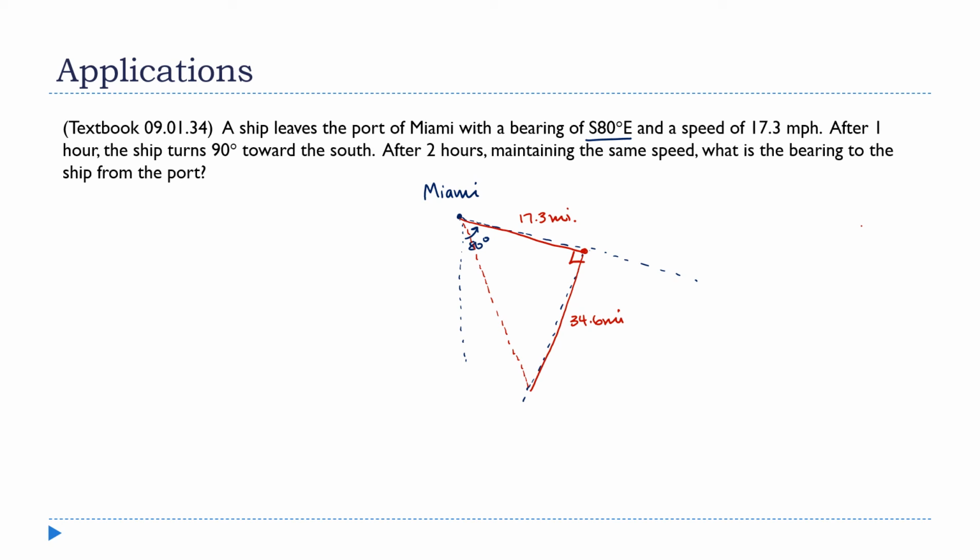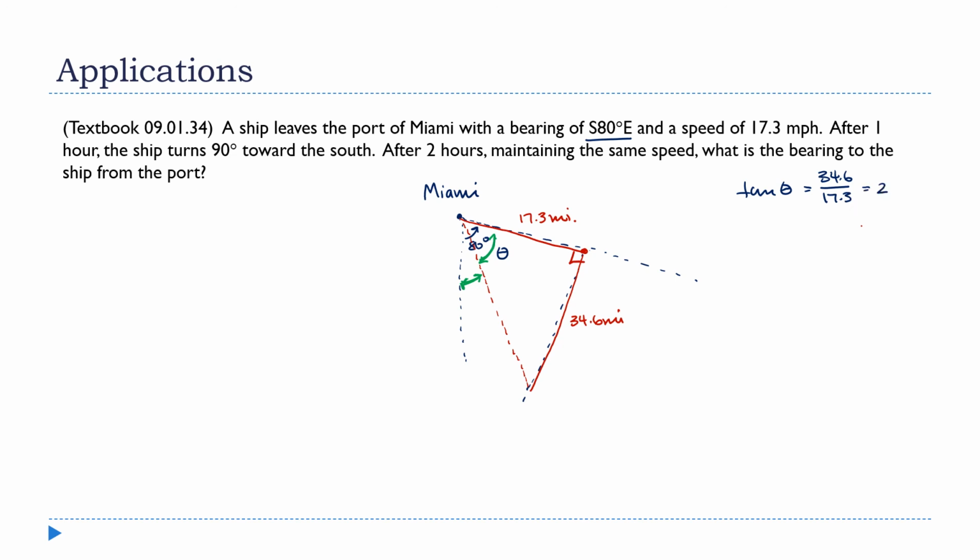If I can get this angle here, then I can get this angle, which is his new bearing, just by subtracting that value from 80. So let's call this theta. Then the tangent of theta equals 34.6 divided by 17.3, which happens to be 2.